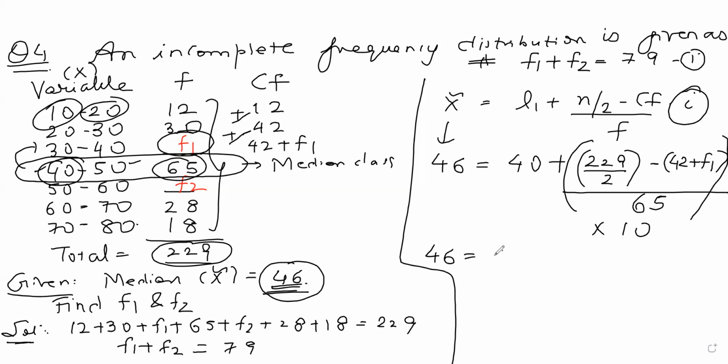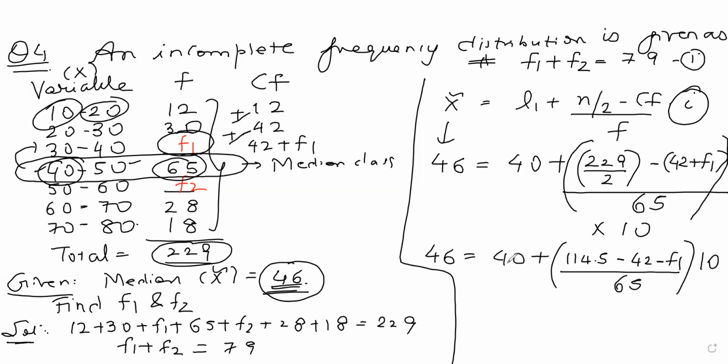So basically, I have 46 is equal to 40 plus 229 by 2, which is 114.5, minus 42 plus F1 over 65, times 10.